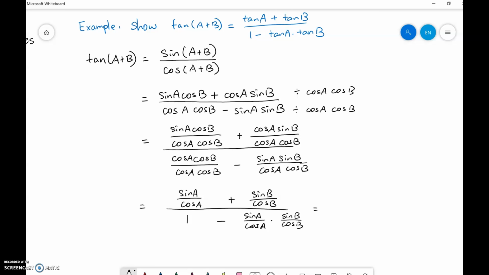So rewriting everything, we end up with tangent of a plus tangent of b over 1 minus tangent of a times tangent of b.